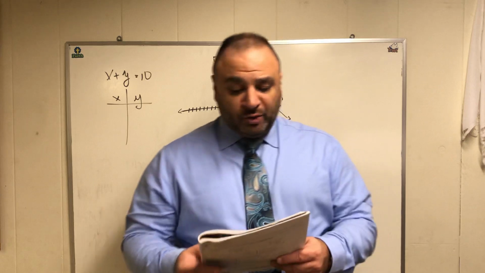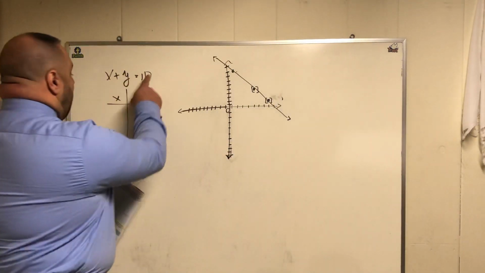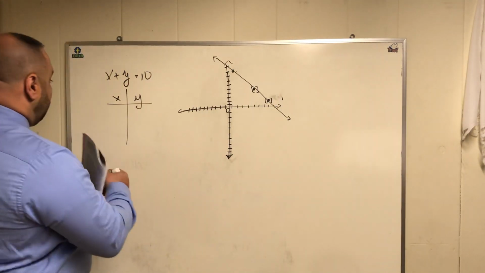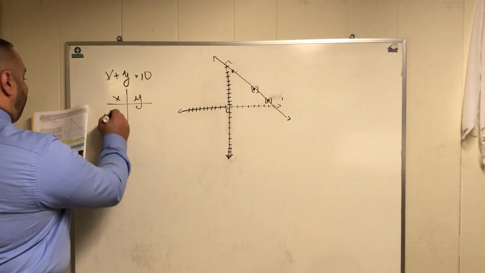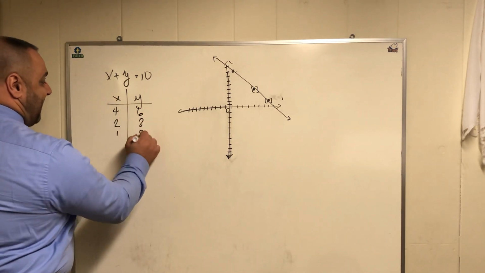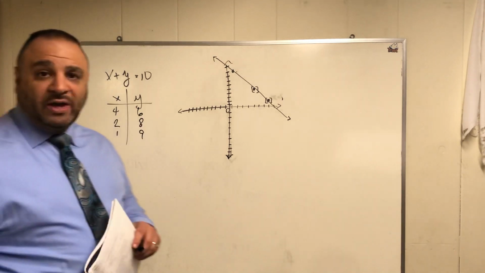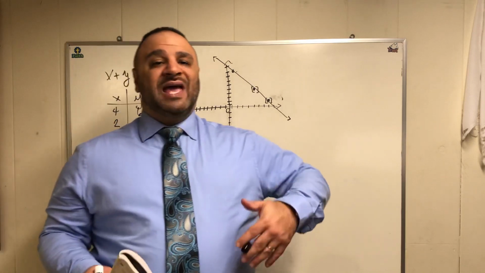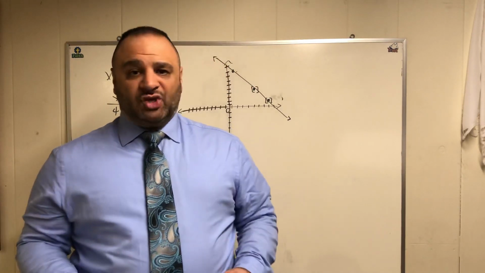If you look on your page there, we have x plus y, and in the x column we have 4, 2, and 1, and then 6, 8, and 9.